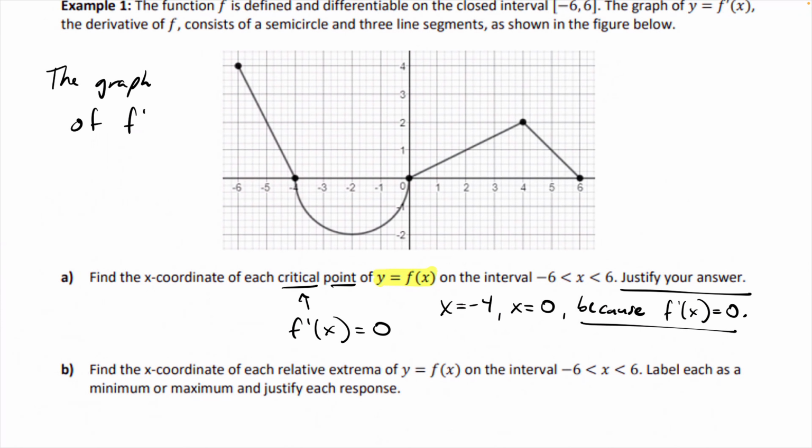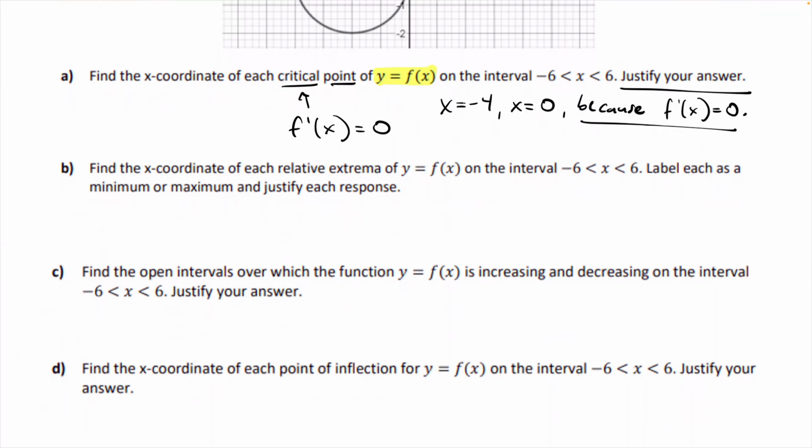Okay, so next question. Find the x-coordinate of each relative extrema. That means relative maximums and relative minimums. Okay? So there's two things we got to find. We got to find the relative maximum and relative minimum.